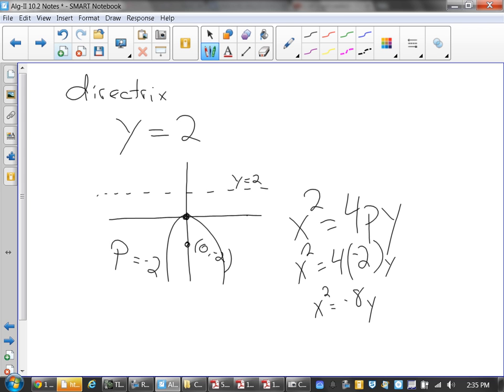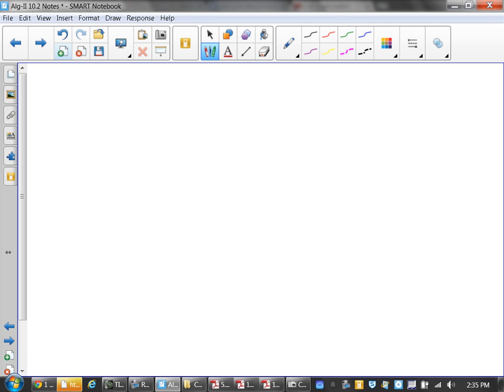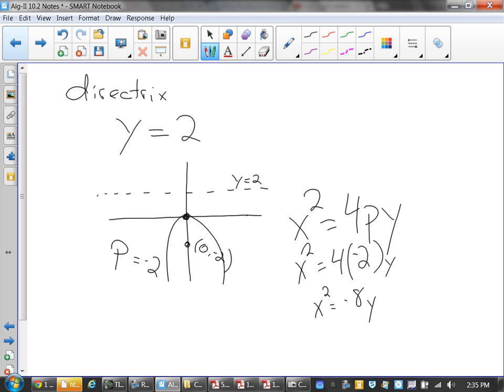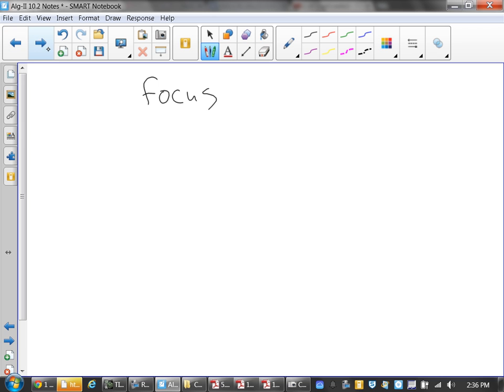Last one, if I give you an ordered pair of a focus. Didn't need to find times, I just want to write the equation. These are just write the equation given the information. If I give you a focus, let's say it's at -6 and 0.